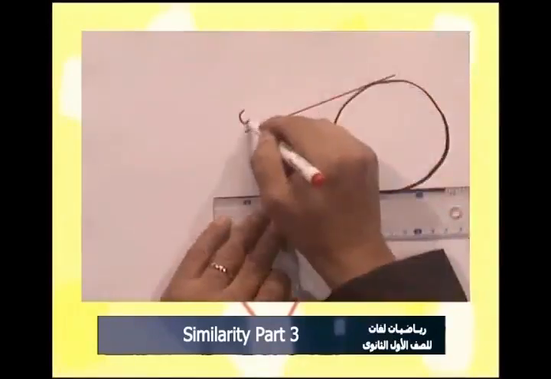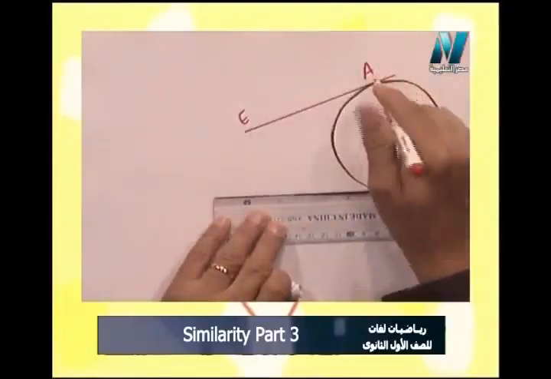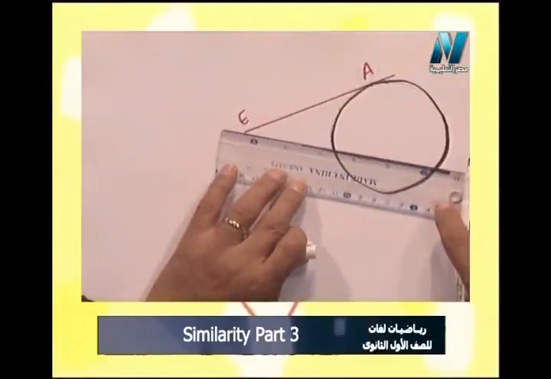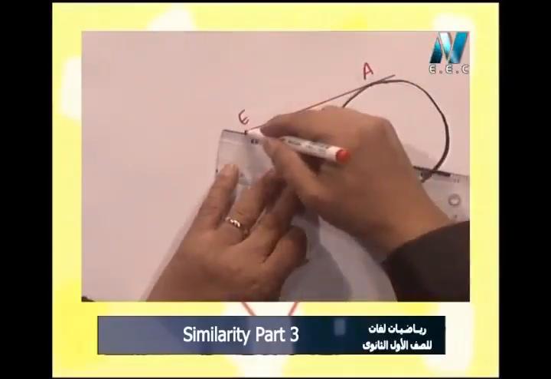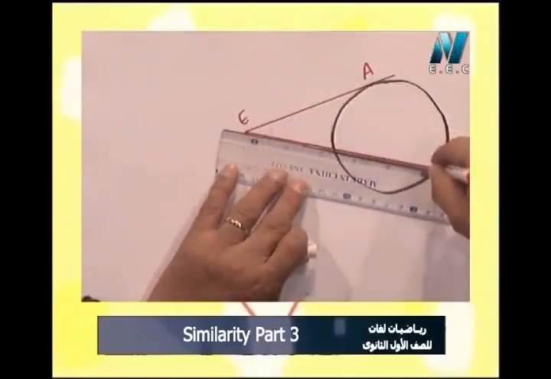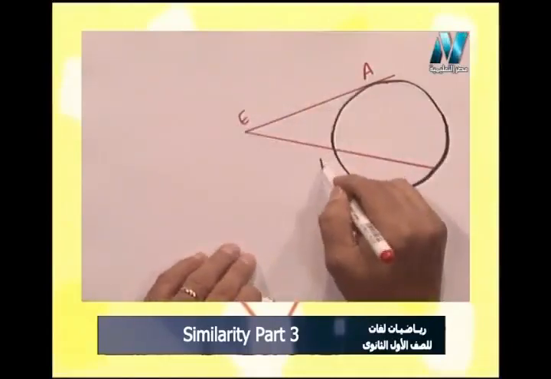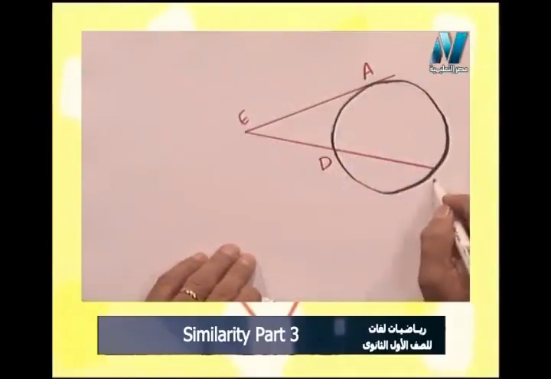A is a tangent that touches the circle at the point A, and we have a secant here. This line is a secant because it cuts the circle, and we can call this point D and this point C.